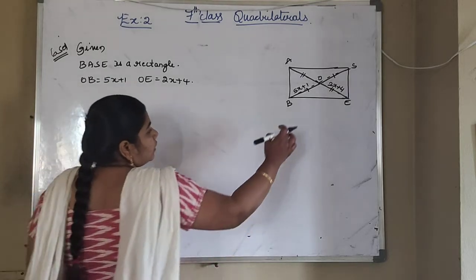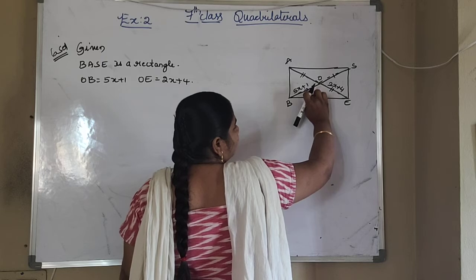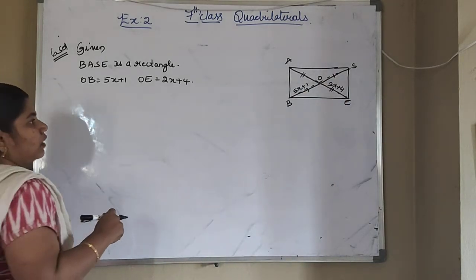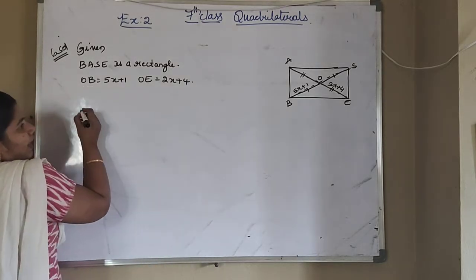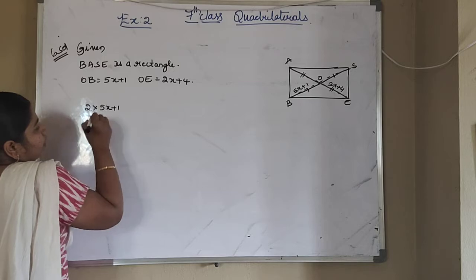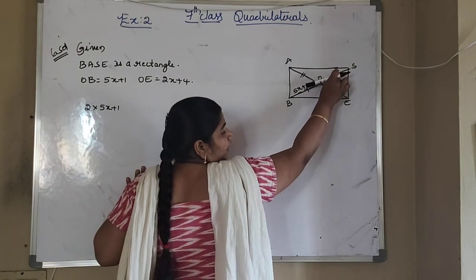Okay. So now these two lengths will be equal. Is it right? So we can multiply that as 2 into 5x plus 1, because this length is 5x plus 1, this length is also 5x plus 1.